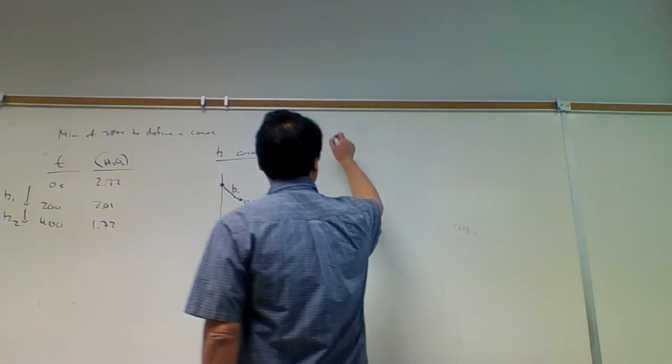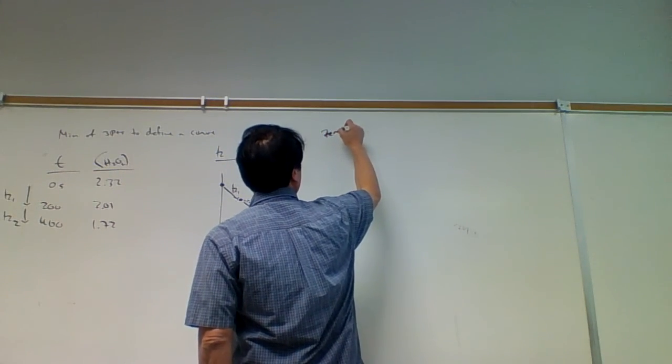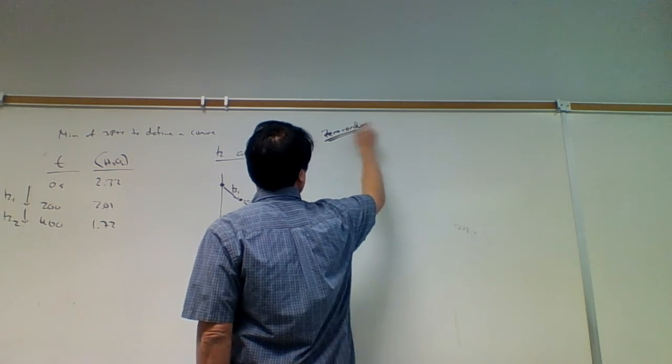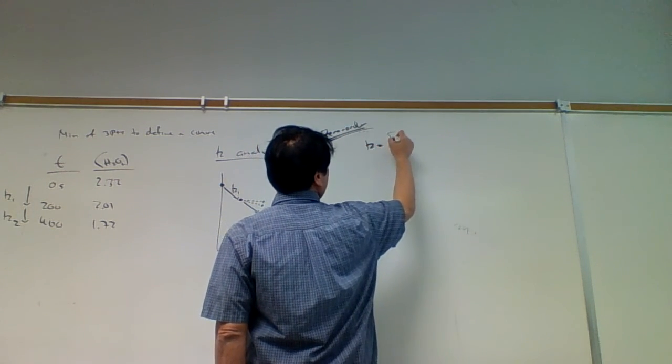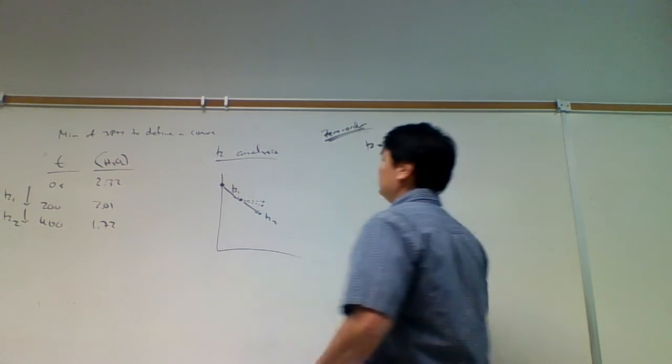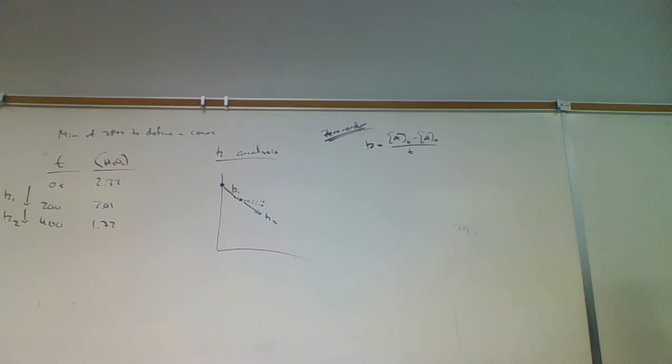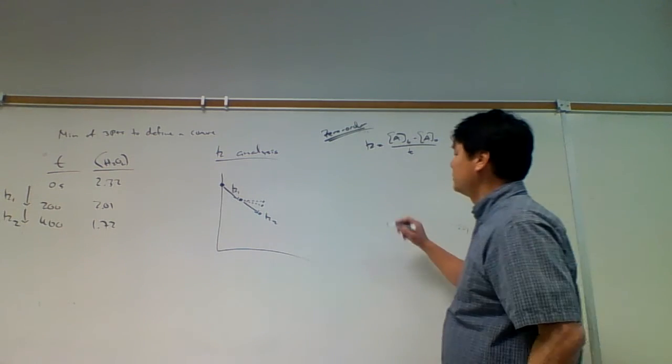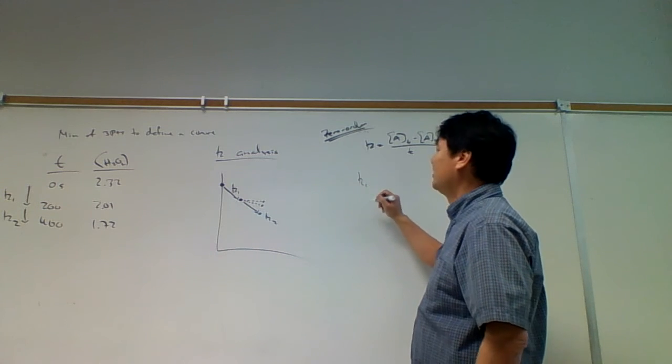And so for 0 order, we solve that equation. K is going to be equal to A at time T minus A at 0, divided by T, the time interval. So we'll look at K1 and then compare it to K2.